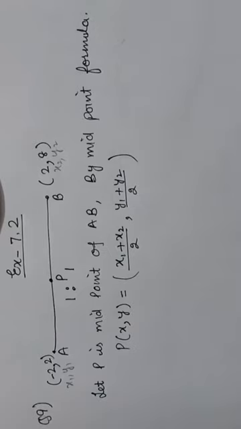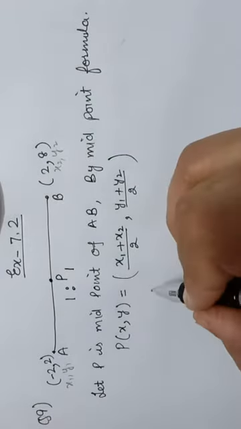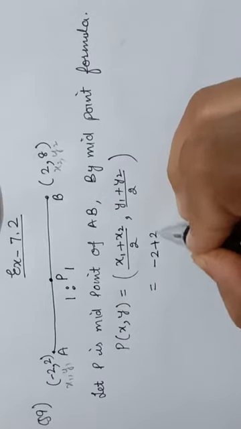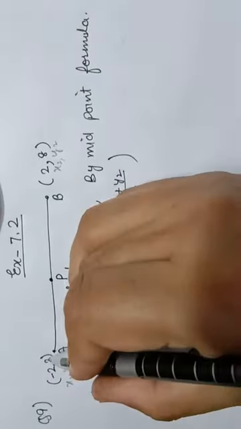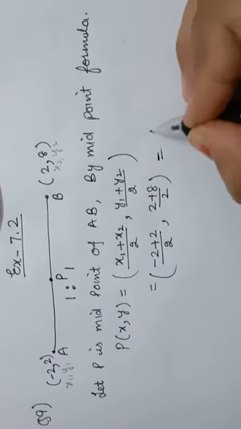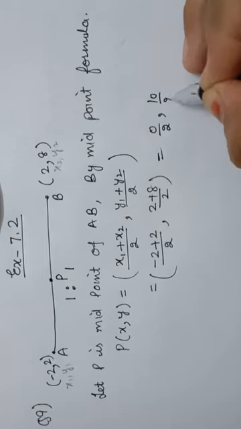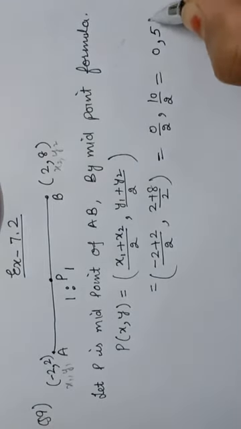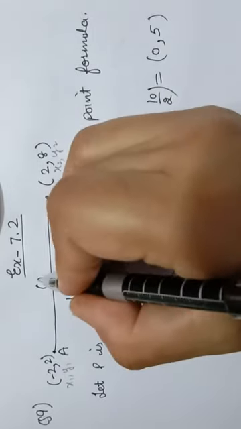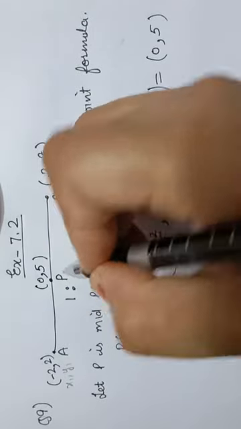To find the coordinates of point P, put in the values: (-2 + 2)/2 and (2 + 8)/2. Solving it, we get 0 and 10/2, so the answer is (0, 5). In this way we have got the coordinates of P.